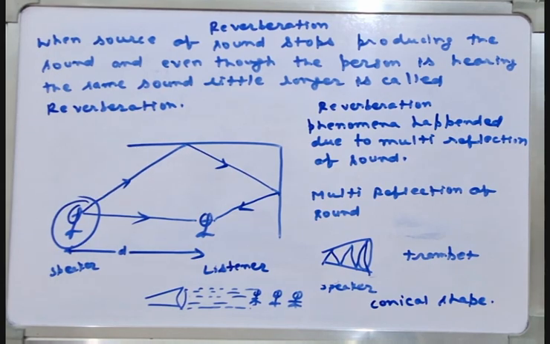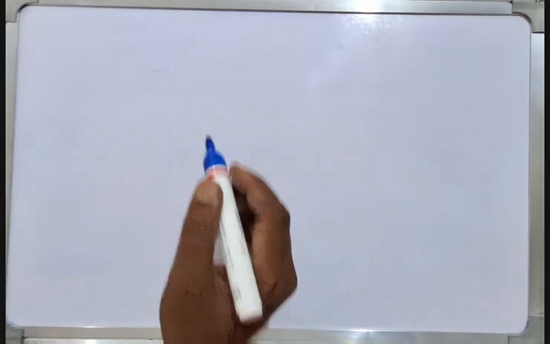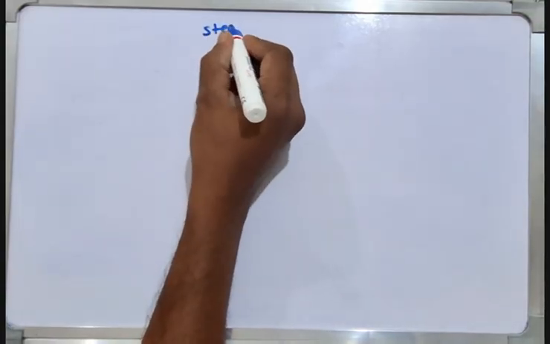Okay guys, have you ever visited the doctor and seen the stethoscope they use? See the reason behind it and how it works. Okay, so guys, here is a stethoscope.